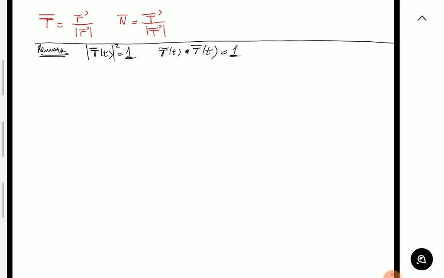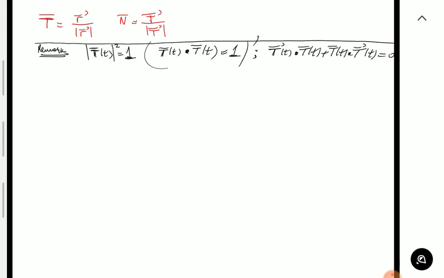These are functions of t on the left, so I can just differentiate both sides with respect to t. And if I use the product rule, which still applies, by the way, for the dot product, we're going to have T prime of t dot T of t plus T of t dot T prime of t equal to 0.